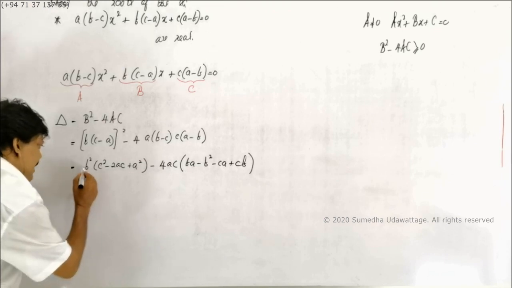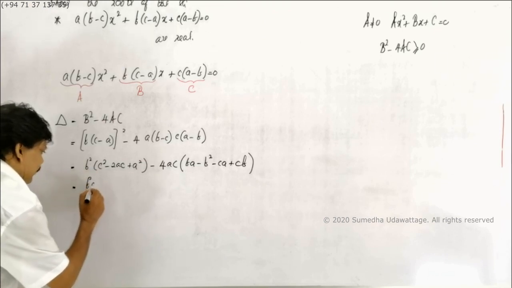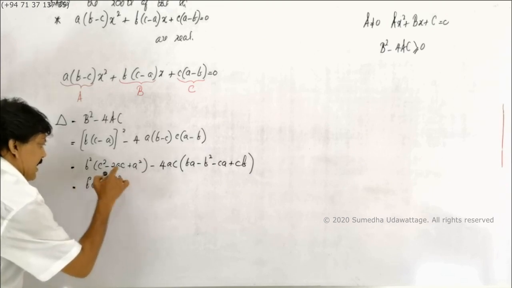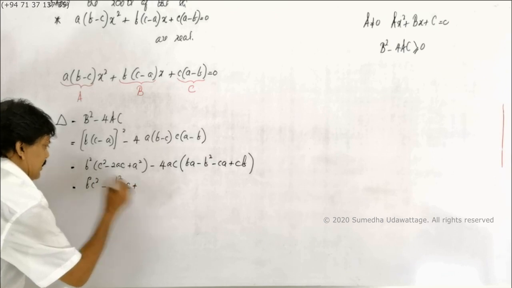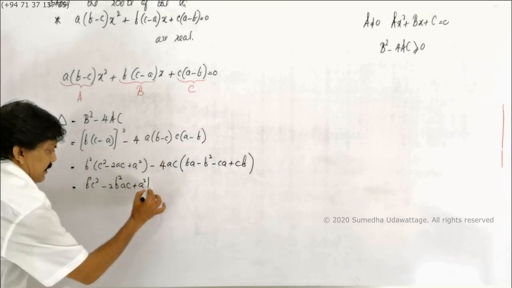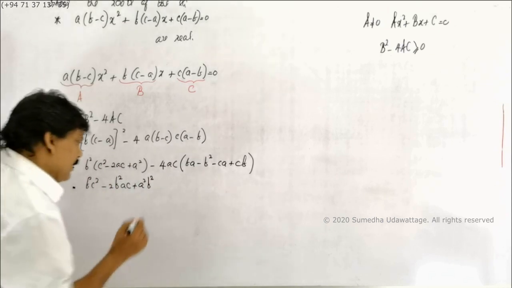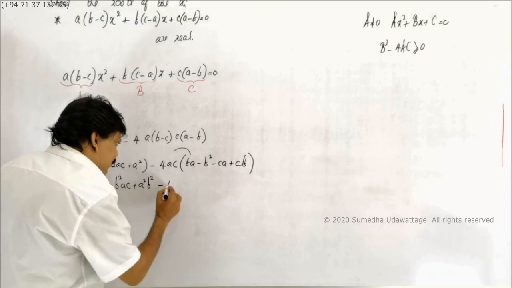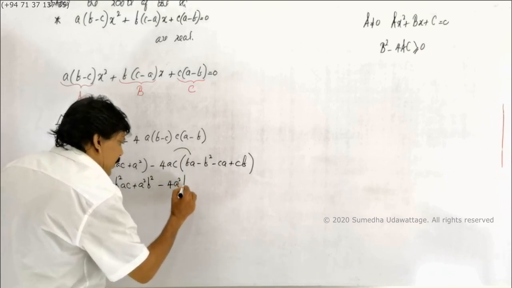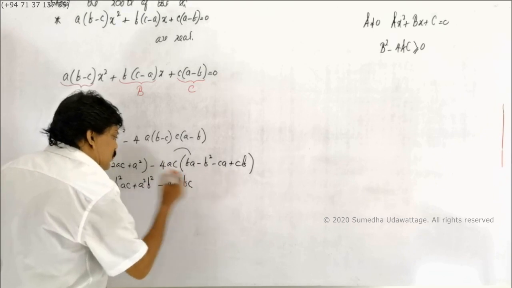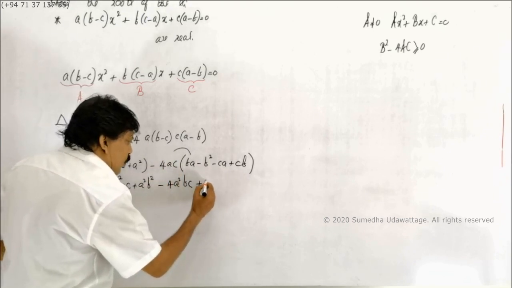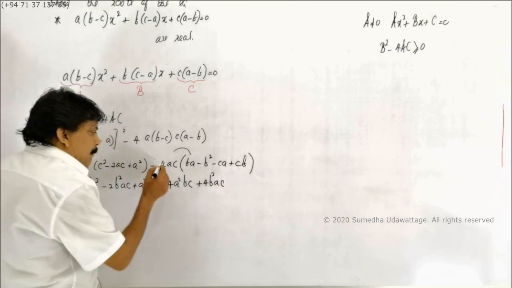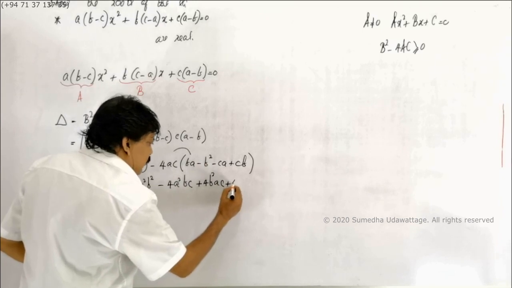You get b square c square minus 2b square ac plus a square b square, minus 4ac multiplied by ba, it would be minus 4a square bc, and minus into minus is plus 4b square ac.